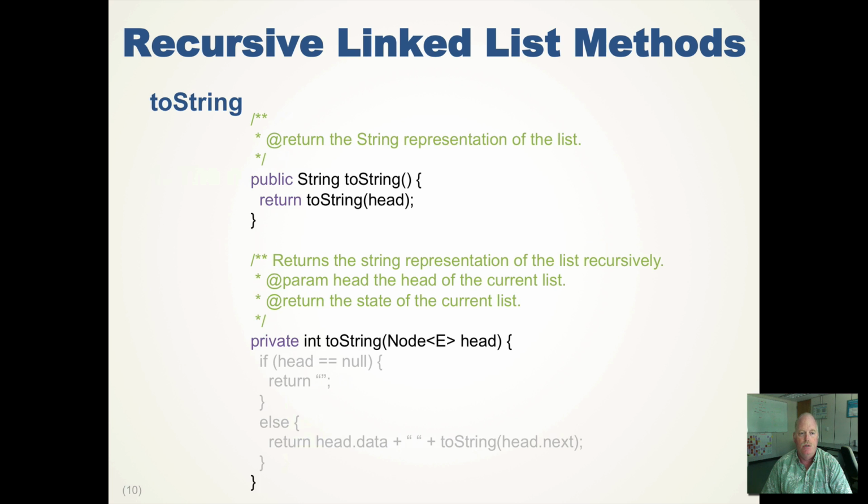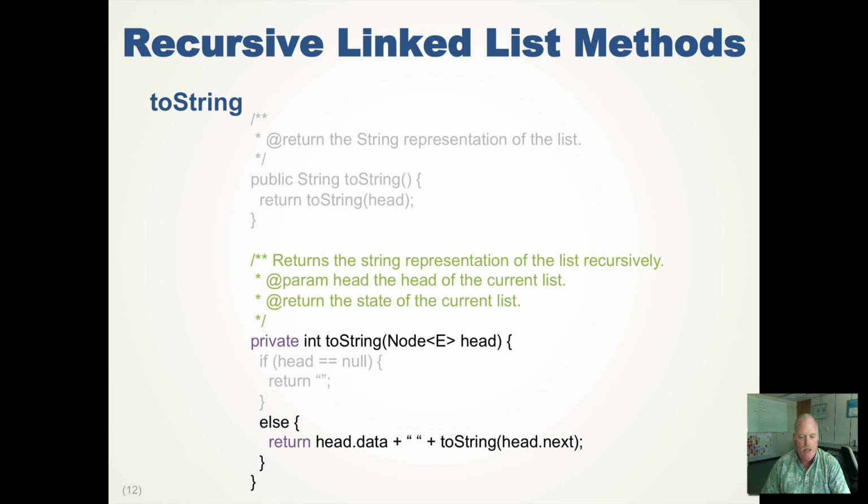So we can do toString very similarly, where the public toString method calls the private recursive toString method with the head, which is the beginning of the linked list. The recursive method is private. It takes a node. If the head is null, we return the empty string. I do have a typo. That int should be a string, sorry.